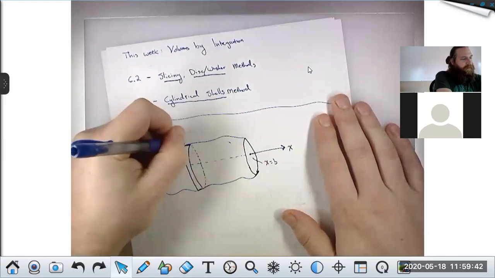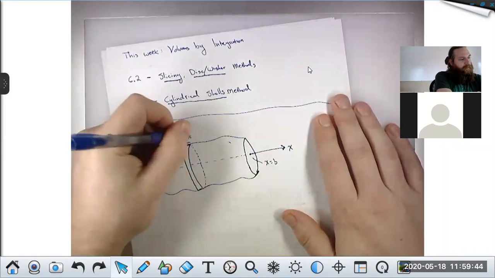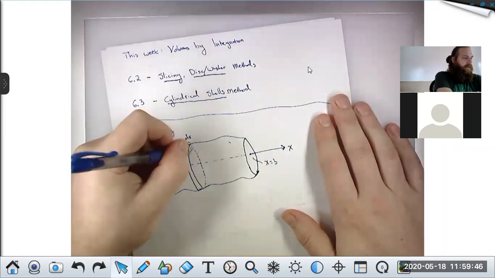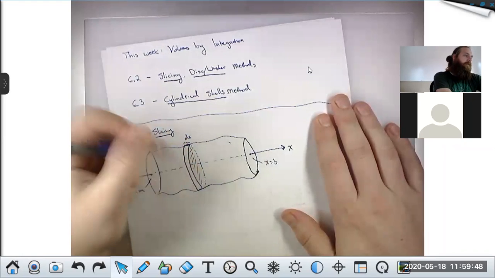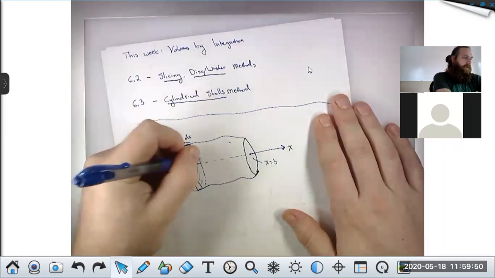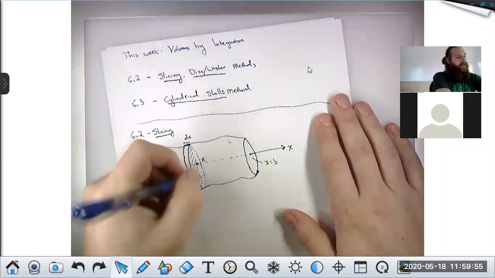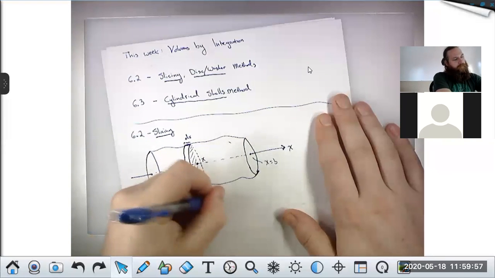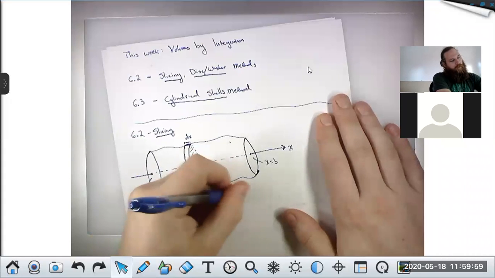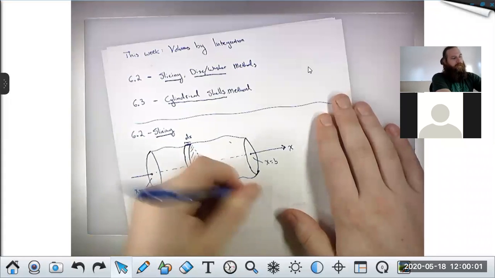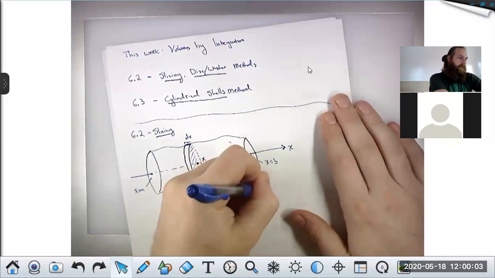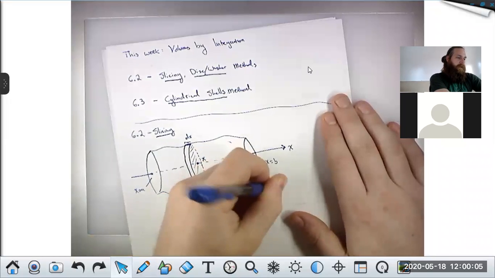So this is a dx thickness. I think of that slice as being taken at x. And I think of the area of the cross-sectional slice as A of x.